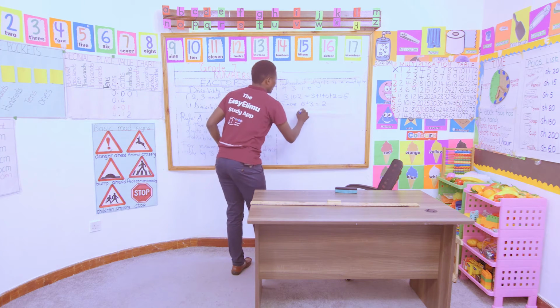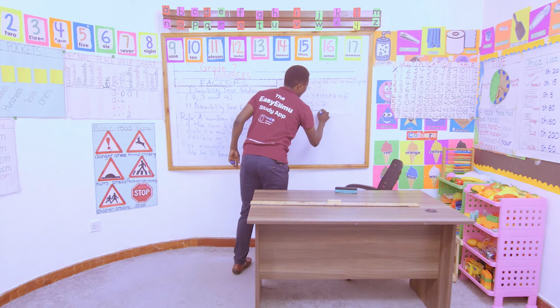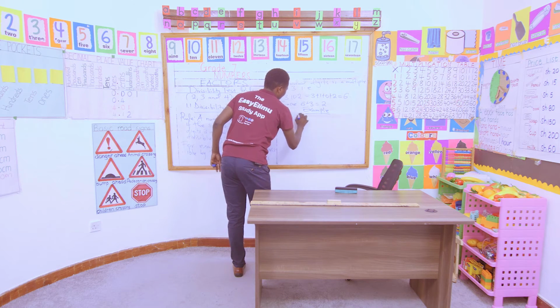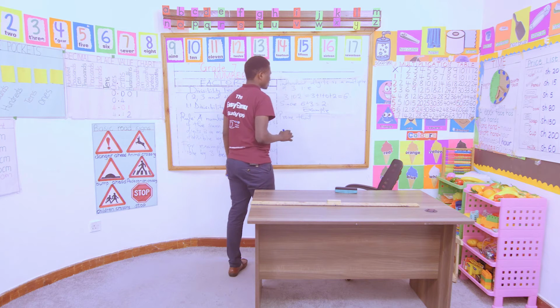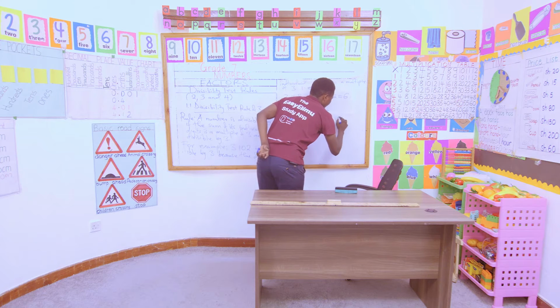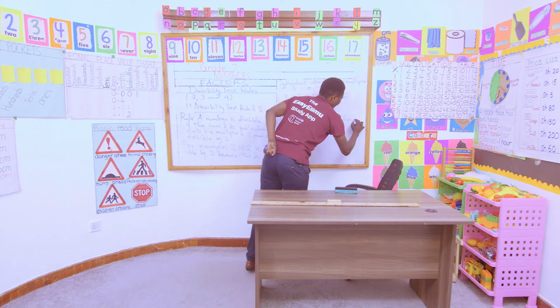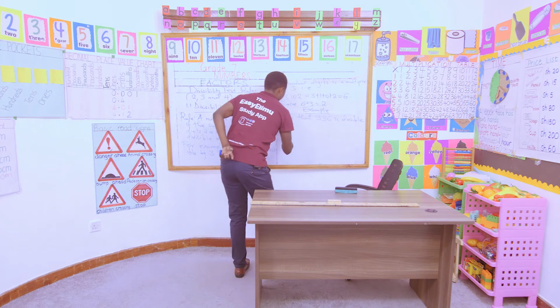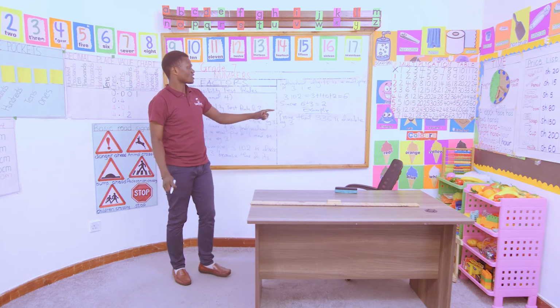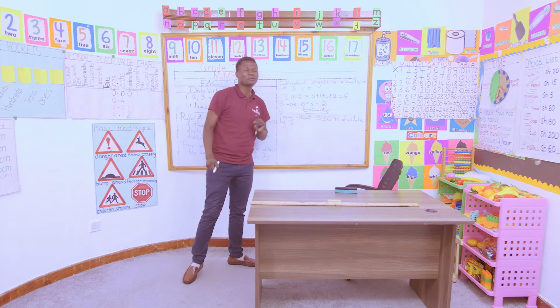Another example. Prove that 336 is divisible by 3. Most students normally make a mistake of dividing this number by 3.